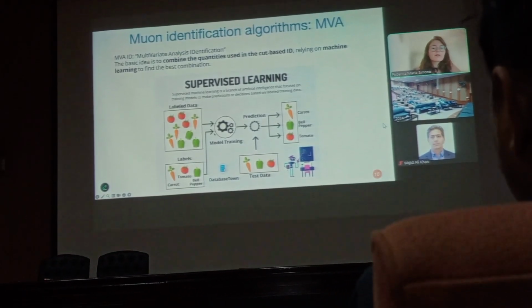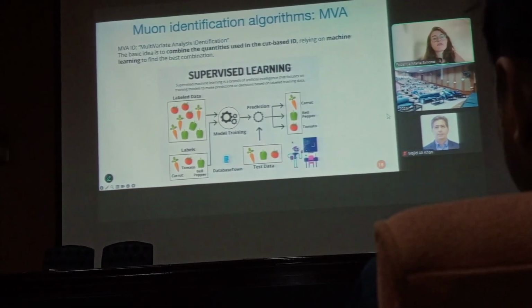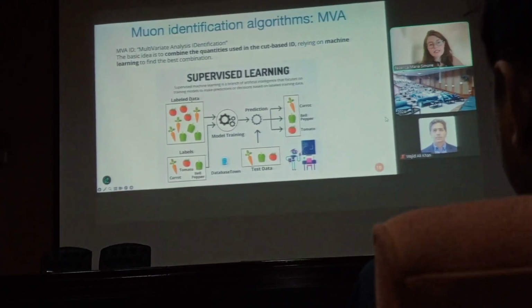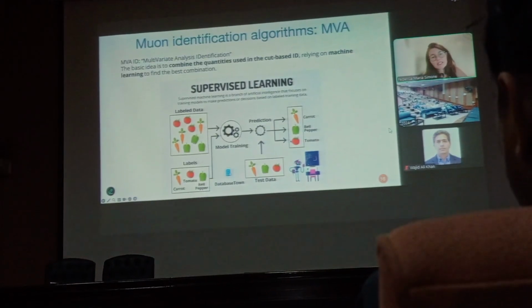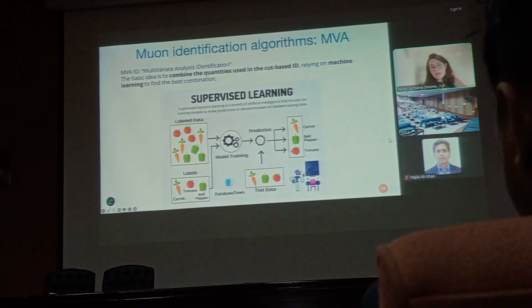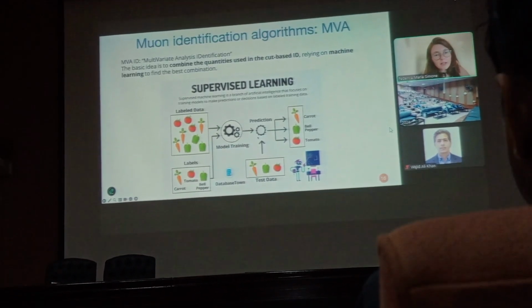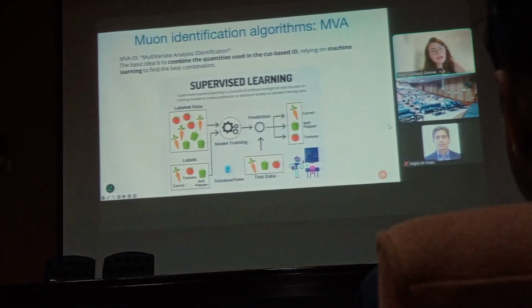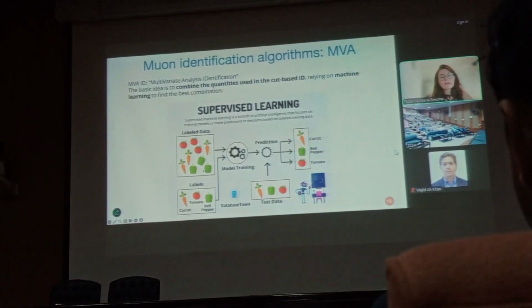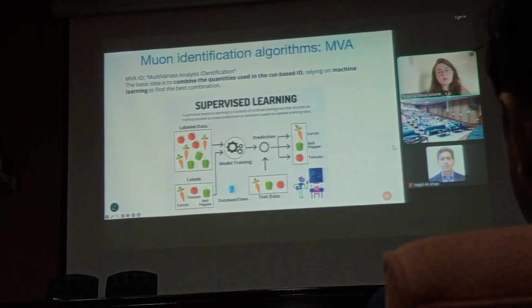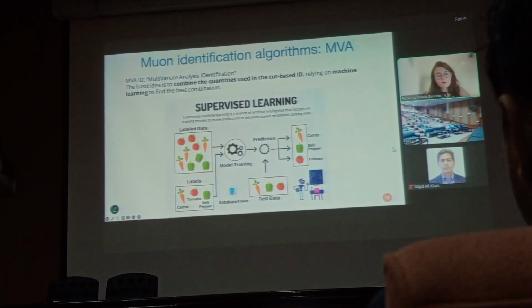You want the model to classify your background and signal, and the classification is done by minimizing a loss function, which is comparing the labels that you already provide to the model to the predictions produced by the model.